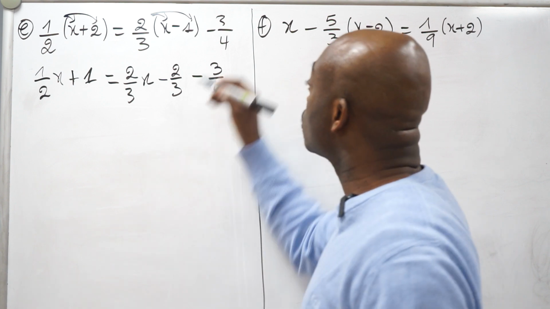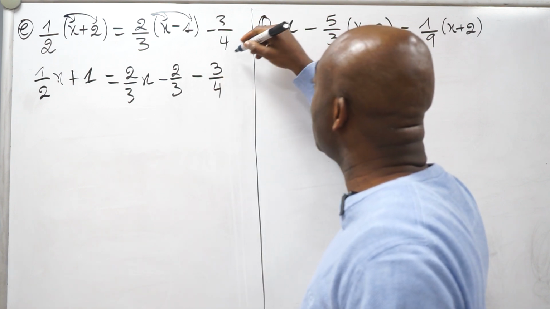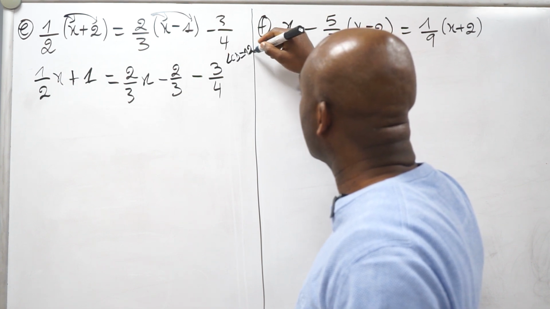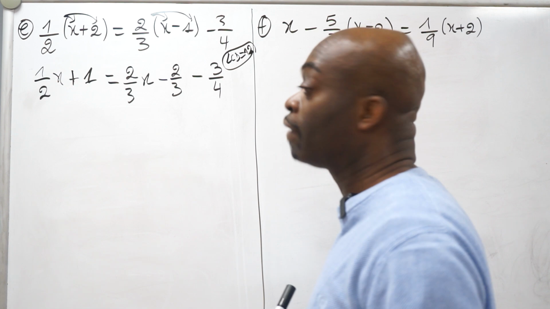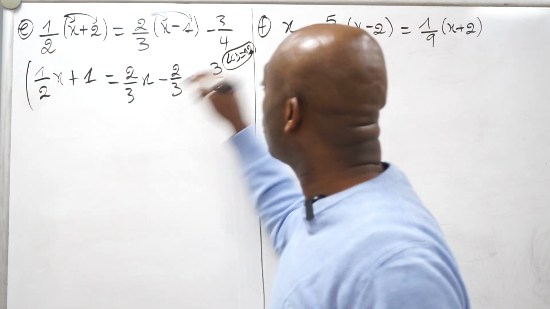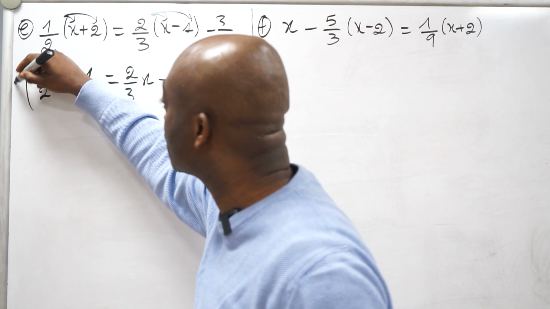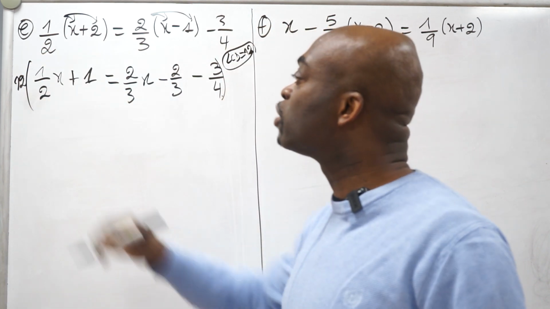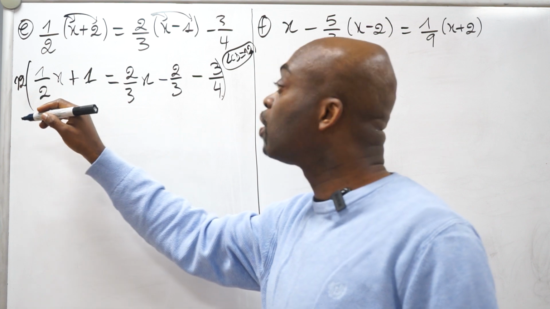All right? So the LCD is going to be 12. So if the LCD is 12, that means we can multiply the whole equation by 12. That's what it means. So if we multiply the whole equation by 12, that means 12 times 1/2.